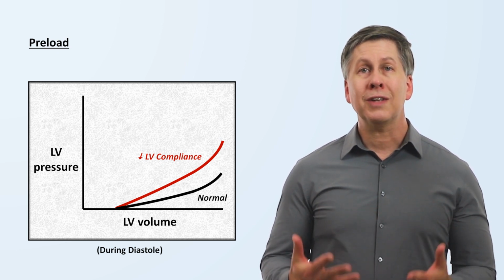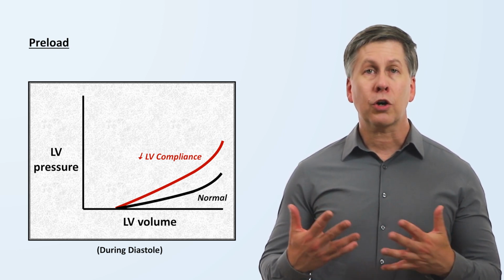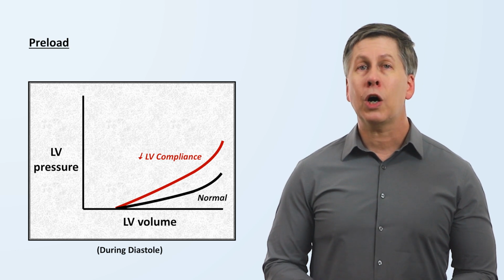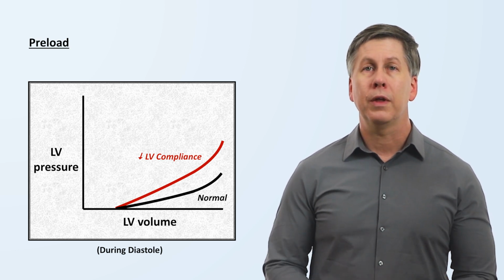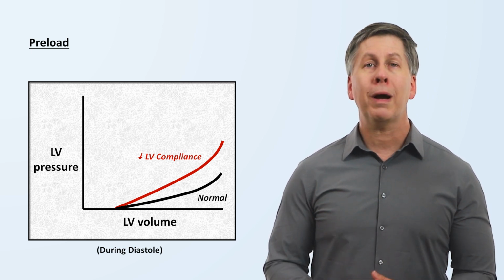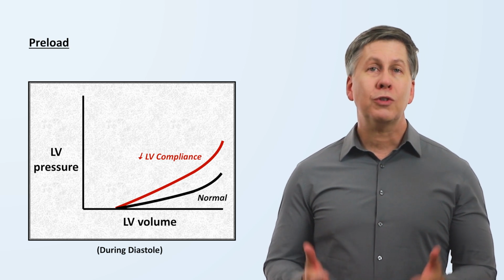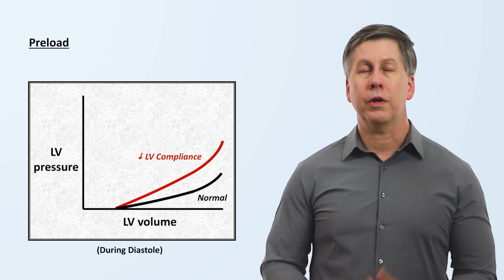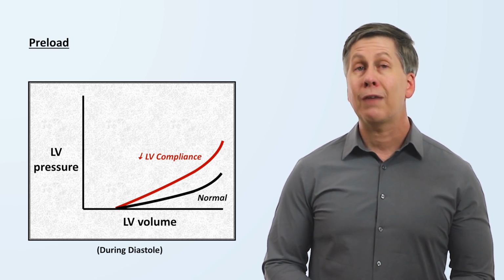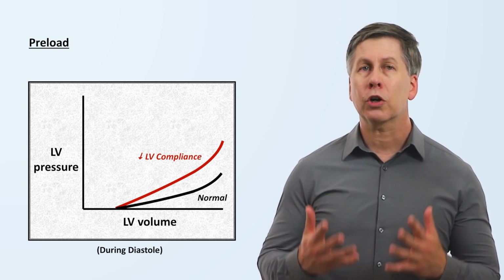Compliance of the LV is not only dependent on the compliance of the myocardium, but is also dependent on compliance of the pericardium, which can be adversely impacted by large pericardial effusions or by pericardial fibrosis. So at this point, we know two major things which impact preload: total blood volume and ventricular compliance, including pericardial compliance.